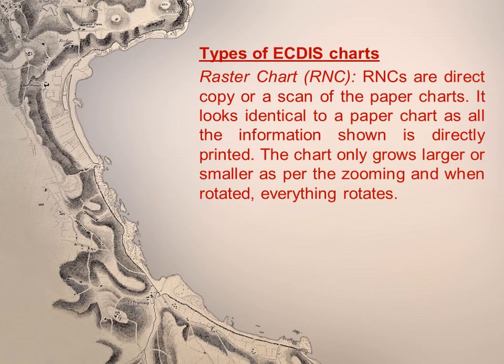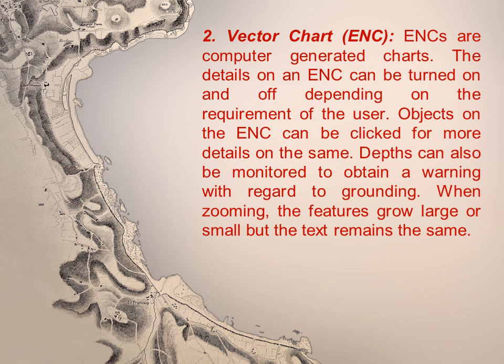One of the disadvantages of the raster chart is that once you move one item, all of them are moved. If you zoom, everything zooms. If you move or rotate, everything rotates.